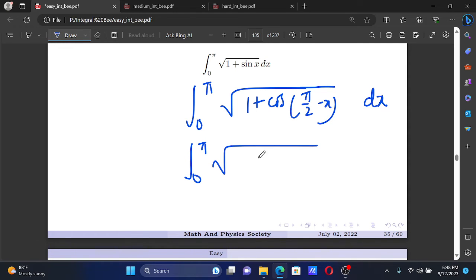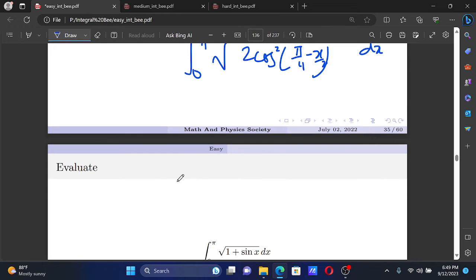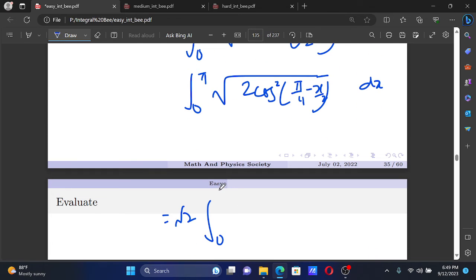Integral from 0 to pi of root under 2 cos square of (pi by 4 minus x by 2) dx. So this is root 2 times the integral from 0 to pi of cos of (pi by 4 minus x by 2) dx.